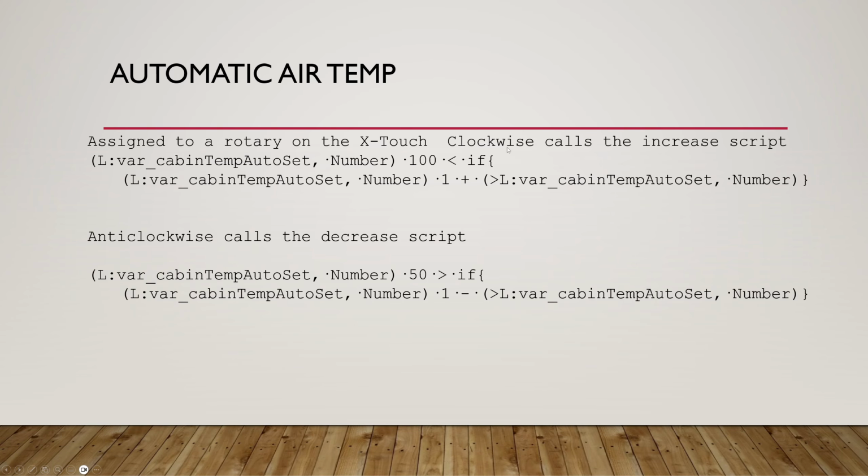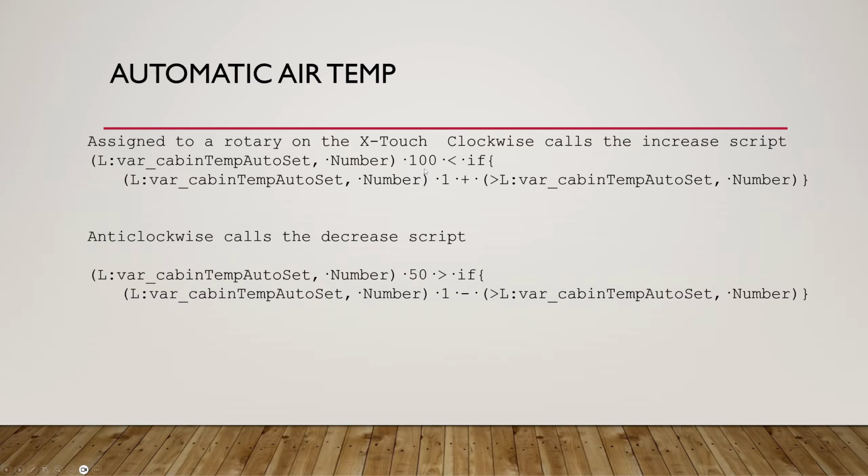If I turn it clockwise, it does the increase script, which is pretty much the same as the manual one was, although it's looking at the auto number and adding 1 to it every time I do a click in the clockwise direction. Strangely enough, looking in the behaviors file, it sets a different maximum temperature. It was 90 for the manual, it's 100 for the automatic.